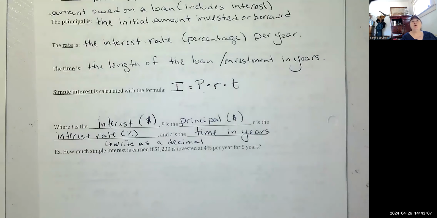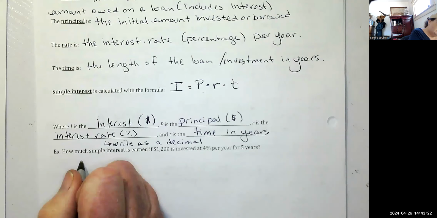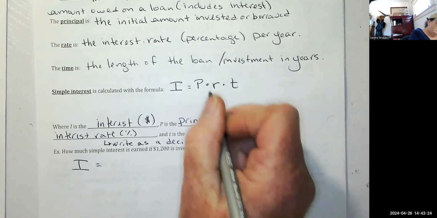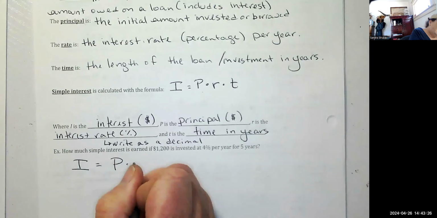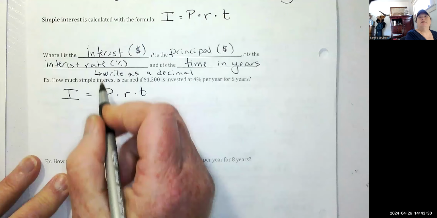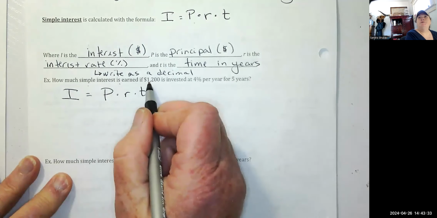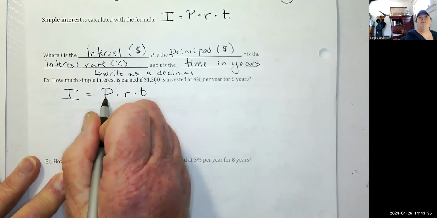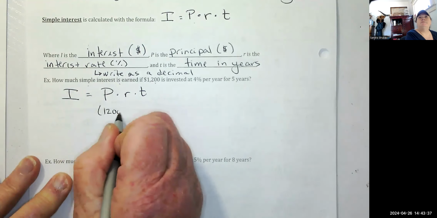Okay. So how much simple interest is earned if $1,200 is invested at 4% per year for 5 years? All right. How much simple interest? So we're looking for the interest, and I = PRT is my formula I'm going to be using. How much is earned if $1,200 is invested? So $1,200 is the principal.